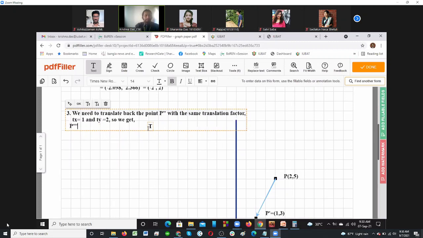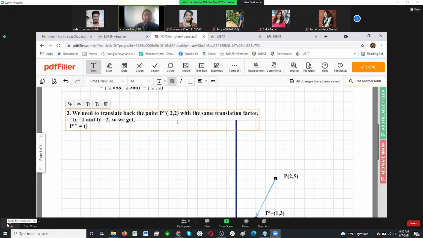So we get P triple prime, that is our desired point. It should be whatever we got in P prime, that was -2 and +2.